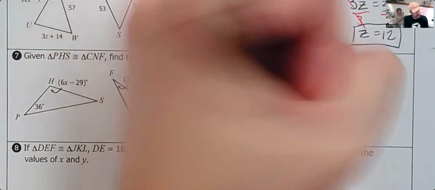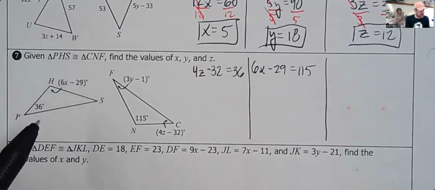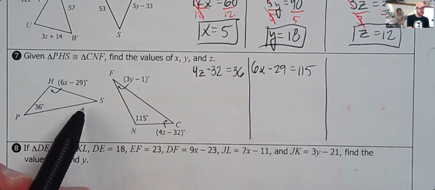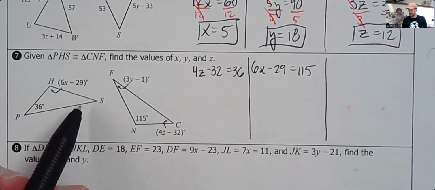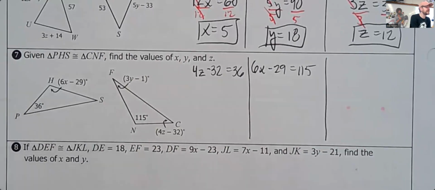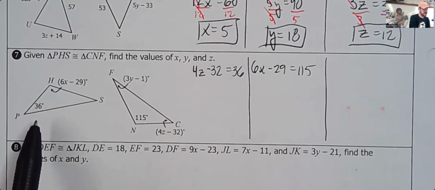And the third equation, S matches with F. How many degrees is angle S? We can figure it out though. 150. Take that away from 180, as well as the 36.